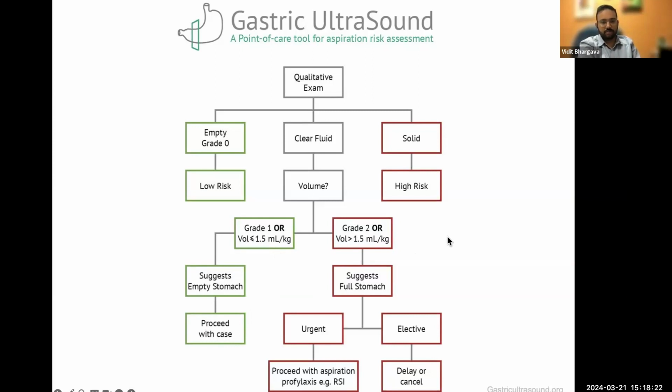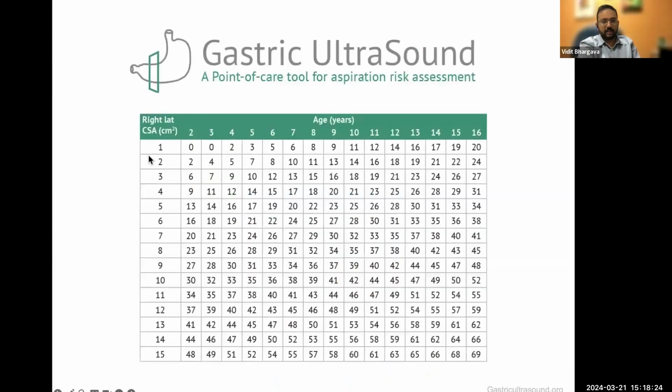So I found this super helpful in decision making. They also did an excellent job of providing what is the estimated volume based on different cross-sectional areas using that same regression equation. So if you're lazy like me, you could just use the table and not have to even do your own calculation.